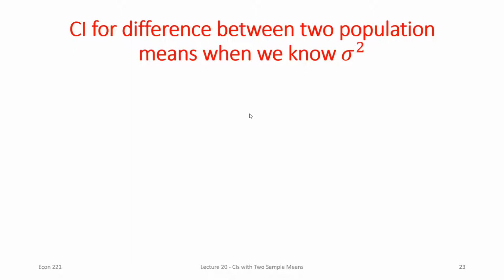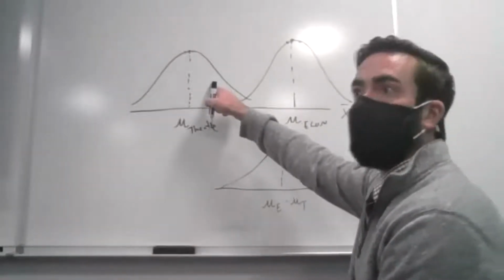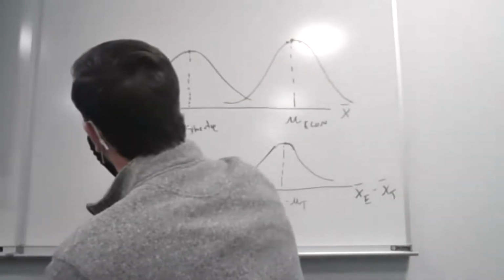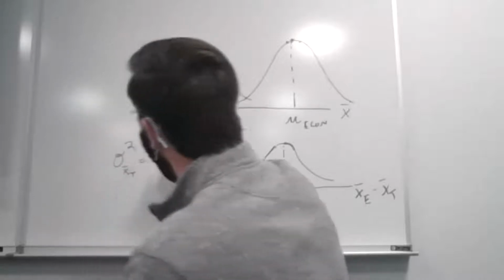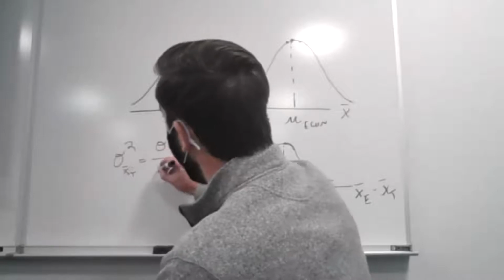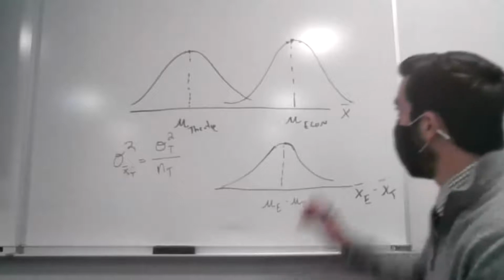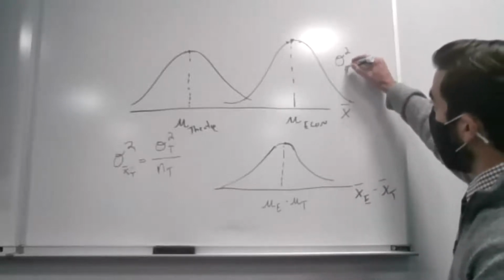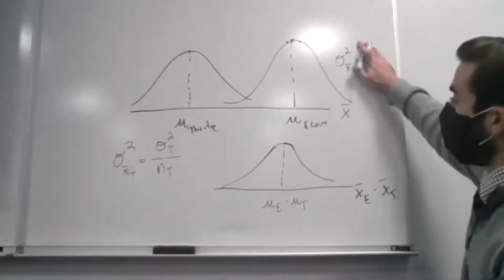Or you can think about this as what's the variance for theater majors' sample means. The variance of the sample mean of theater majors would be just the true variance divided by the sample size I take of theater majors. What would the variance be here for econ majors' sample means? Not the square root, because we're looking at the variance.